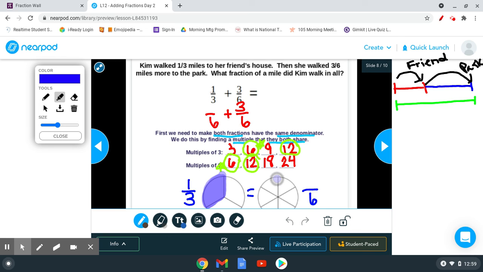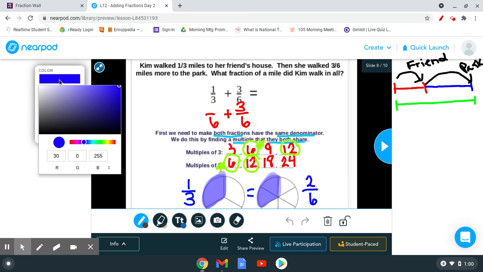Hopefully you realize that you could shade in this amount just like that. So now you can see you found your new numerator. 1/3 is the same as 2/6.